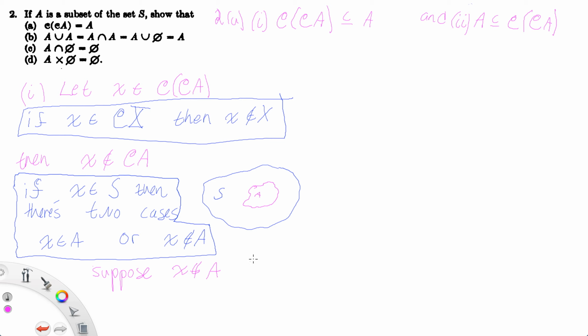If x is not in A, then by this definition, that means that x is in the complement of A. And I should have said up here, this is actually an if and only if statement: x is in the complement of A if and only if x is not in A. Sorry about that.